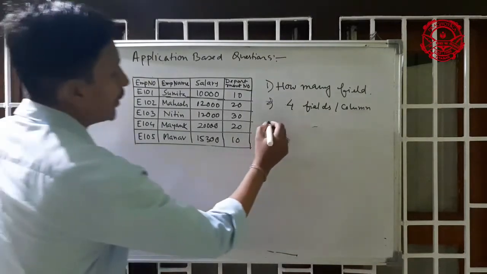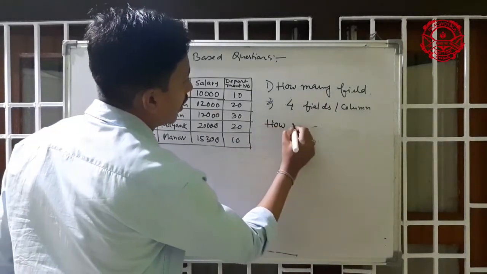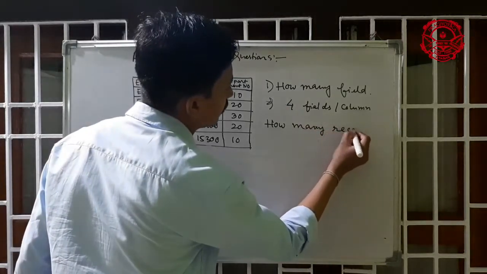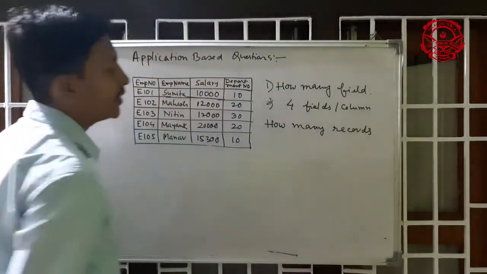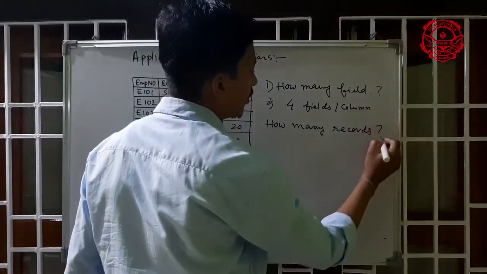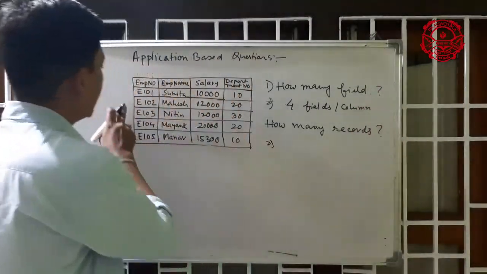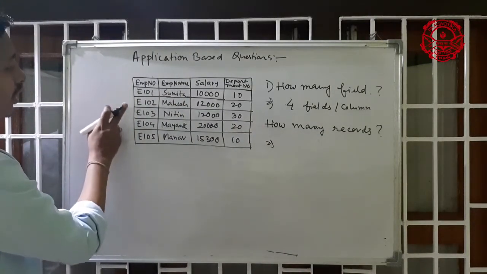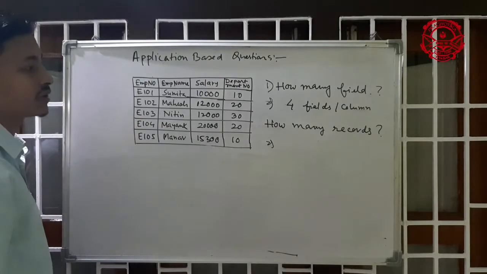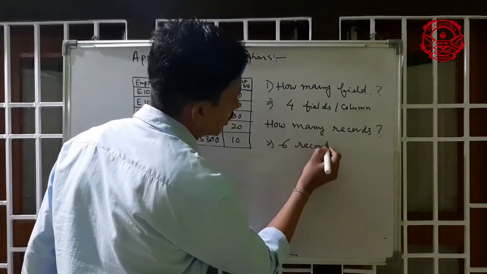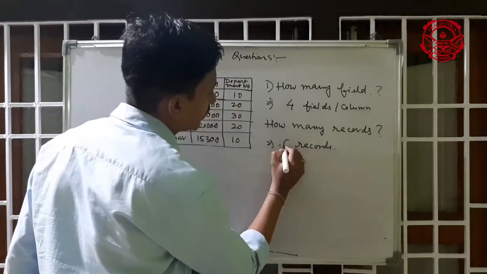And the same thing, how many records? How many fields and how many records? I think 1, 2, 3, 4, 5, 6. The answer is 6 records are present.